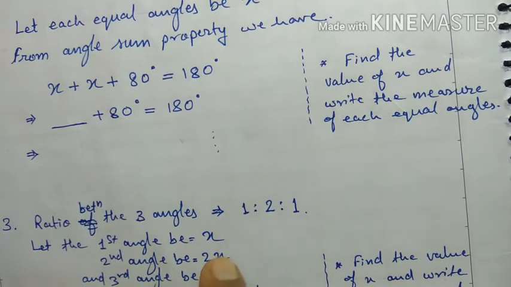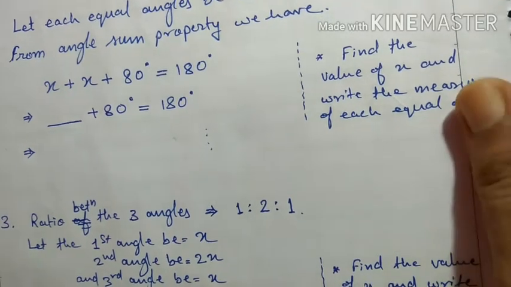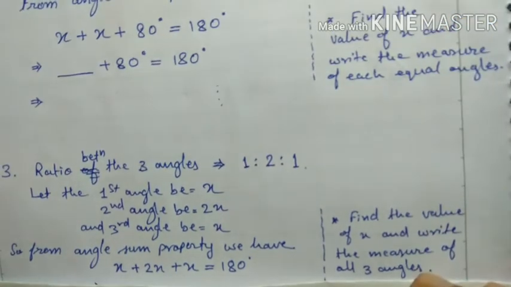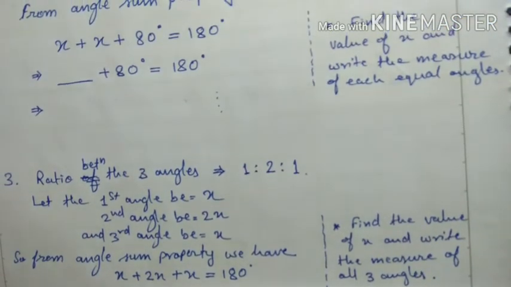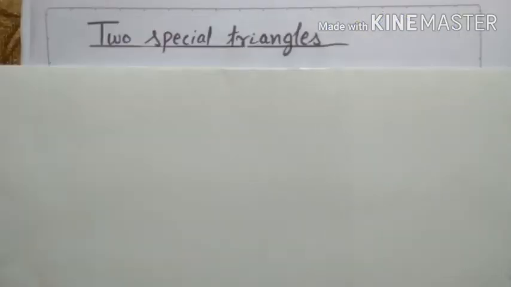So we have x plus 2x plus x is equal to 180 degree. Now you have to solve by adding the values and find the value of x. After getting the value of x, you have to tell the measure of each of the three angles, and then you have to classify which type of triangle this is.